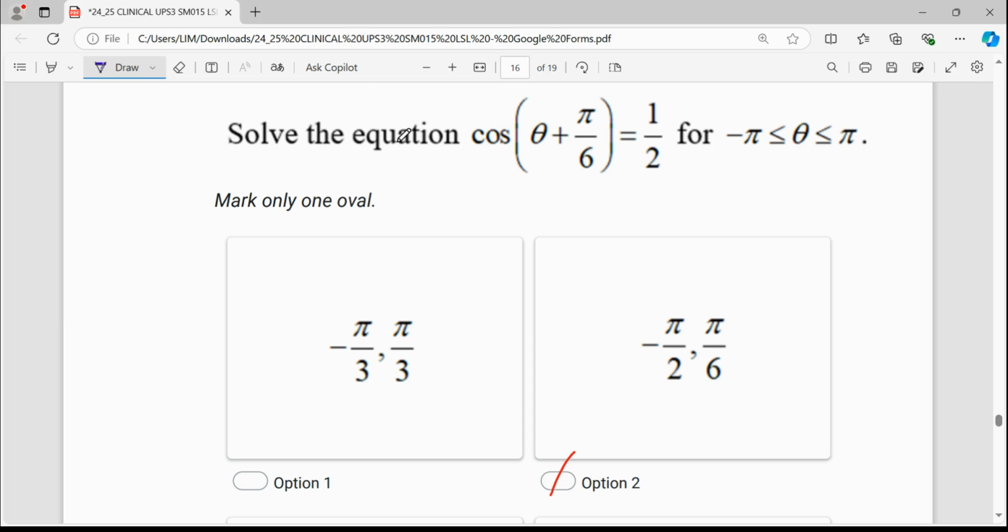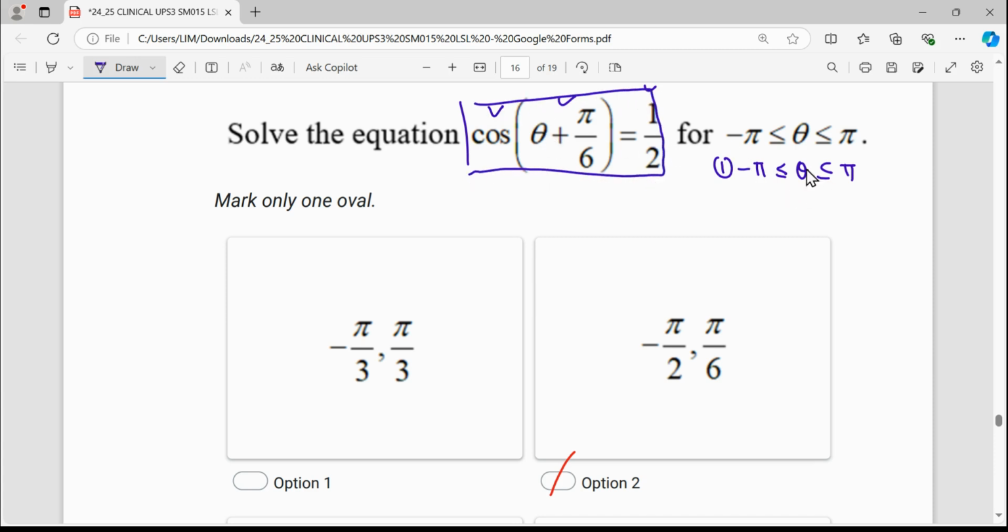Then solve the equation for negative pi to pi, so they want in terms of pi. First of all is our range, negative pi to pi. So you can see our equation already, basic trigo angle equals to value. So this equation is ready to solve.